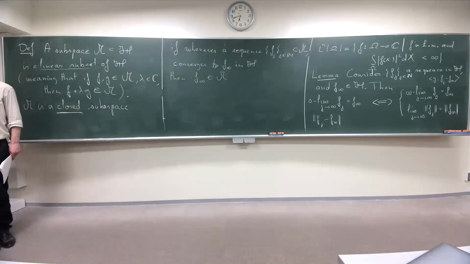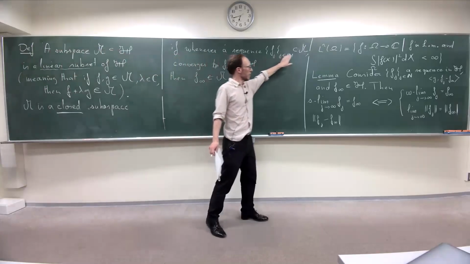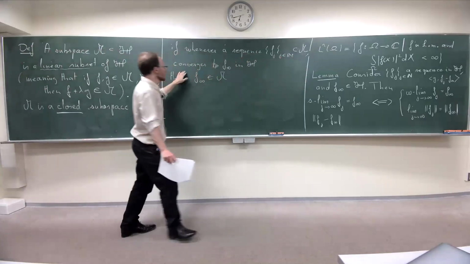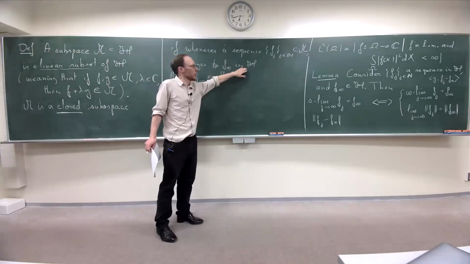And you always keep in mind Q and R. Take a sequence in Q. The limit is not always in Q. You can find a sequence converging to pi, and pi is not in Q. So here it's the same. Take a sequence in M and assume that it converges in H, and we know it converges in H because H is complete.